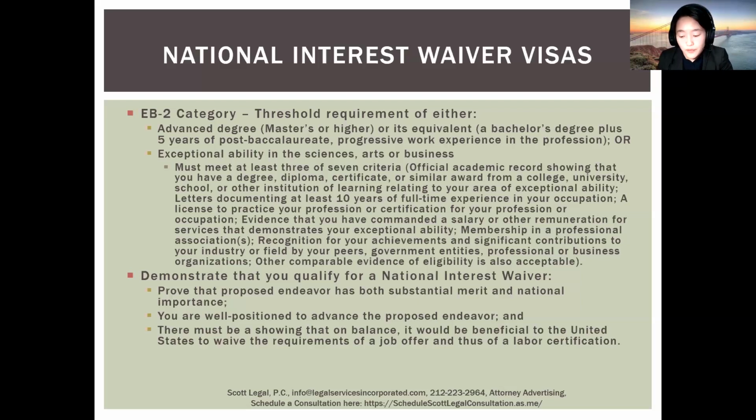So really, the totality of the evidence that you submit must show that you are operating at a degree that is significantly above what is ordinarily encountered in the field.